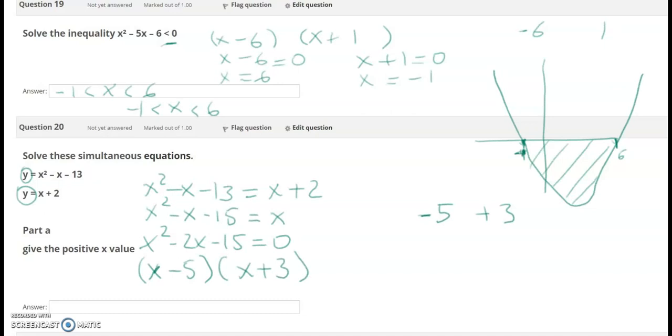This means that x is equal to 5, and this means that x is equal to minus 3. The positive value is 5. So that's the value for the question that asks for it.